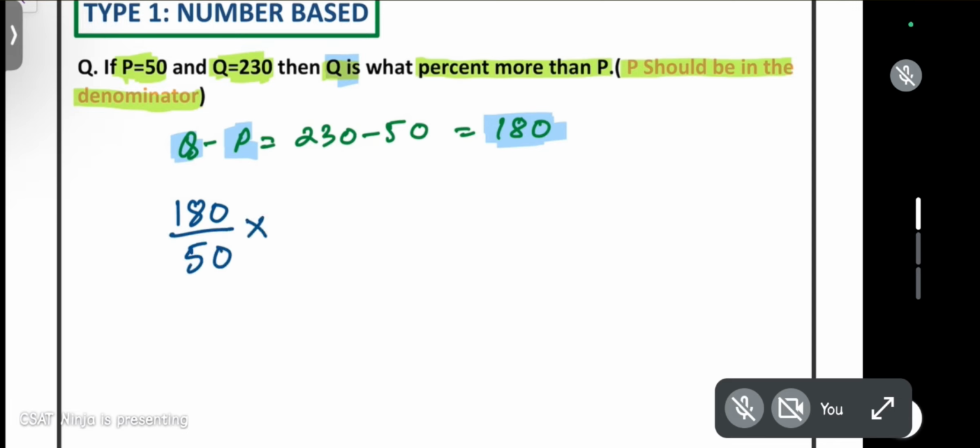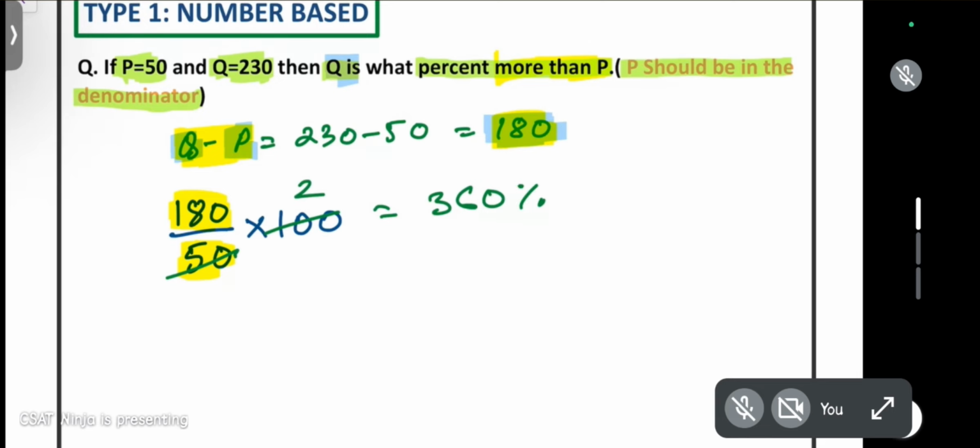And I need my answer in terms of percentage, so multiply by 100. I'll repeat again. First, we need to find how much Q is more than P by subtracting, and I'm getting 180. But we are comparing it with P, that's the reason I'm writing P in the denominator. So I can reduce this one: 50 into 2, which means 180 into 2 is 360.